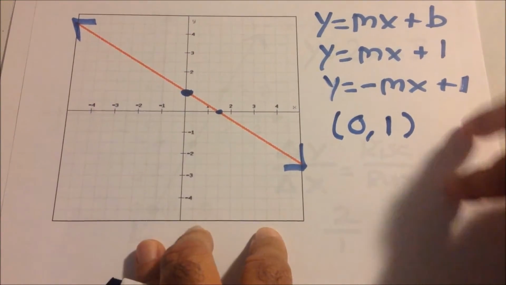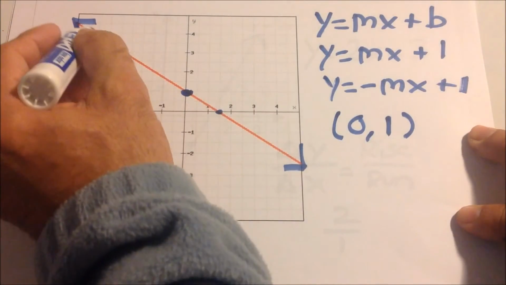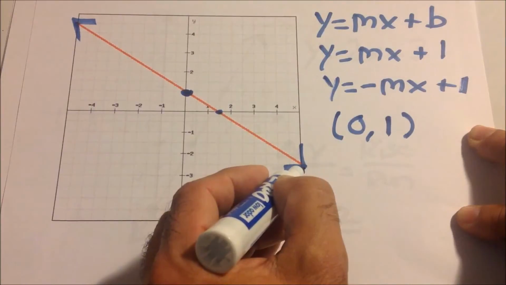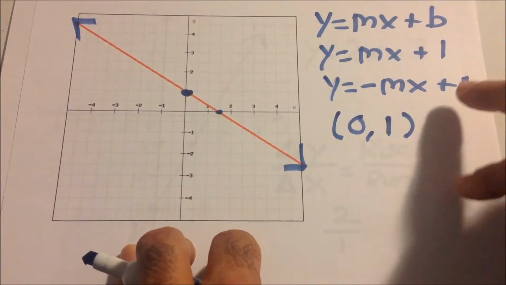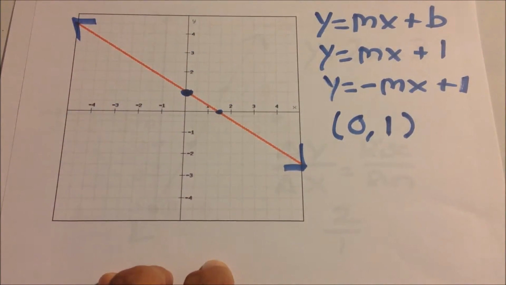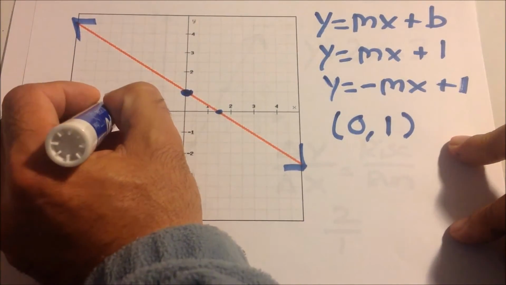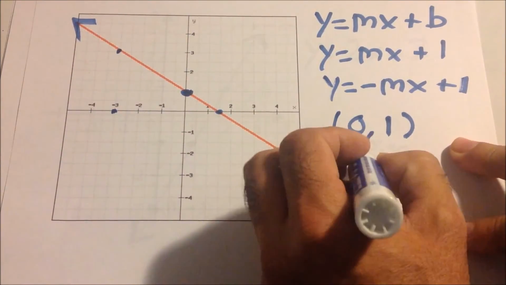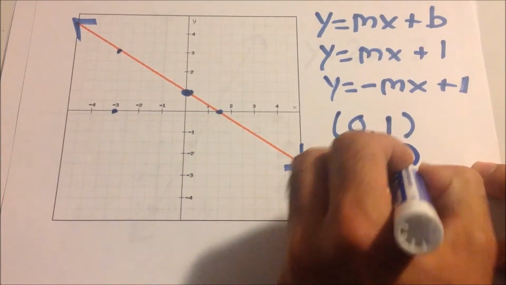You can use any pairs you want that are on the line, and you probably want one where you're not using any fractions, though you can use fractions if you want. So it looks like over here we have negative 3 and 3. That works. So x is negative 3 and y is 3. So here's our 2 pairs.